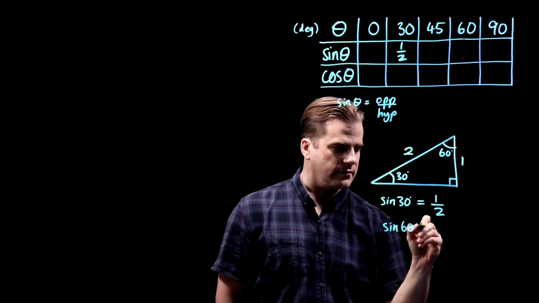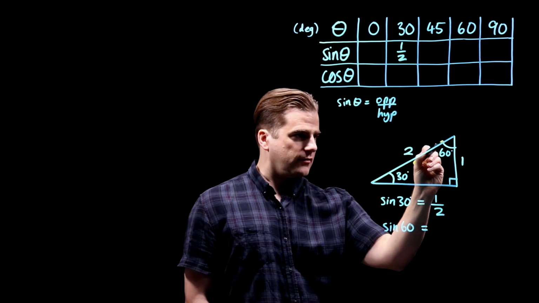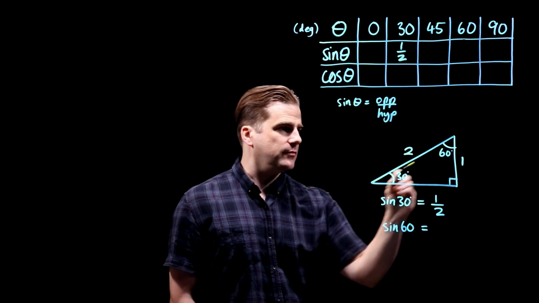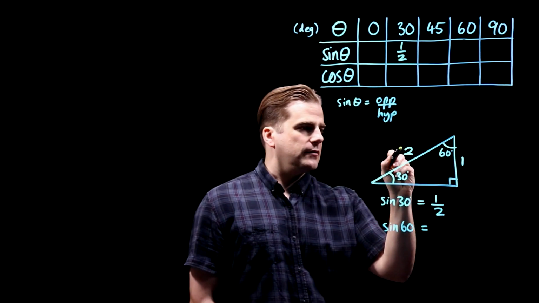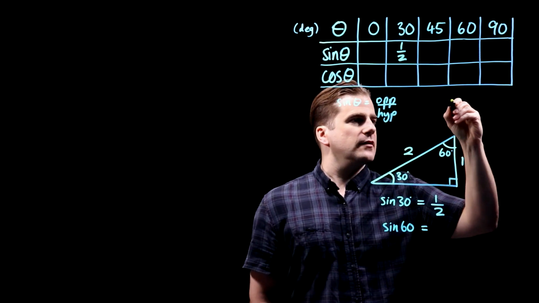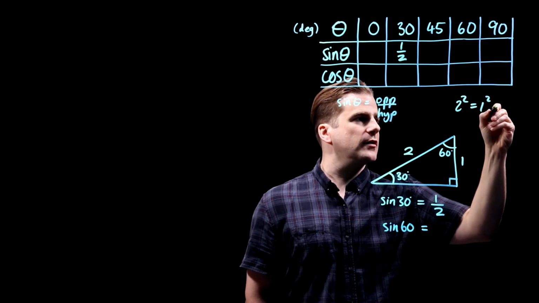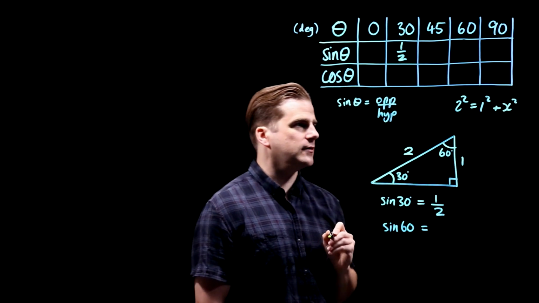Sine of 60 is, well, now we're looking at this angle, and the opposite of that angle is here. We don't know that yet, but we can easily work it out using Pythag. Okay? So hypotenuse squared is that squared plus that squared. So 2 squared is 1 squared plus, let's call that x, x squared.